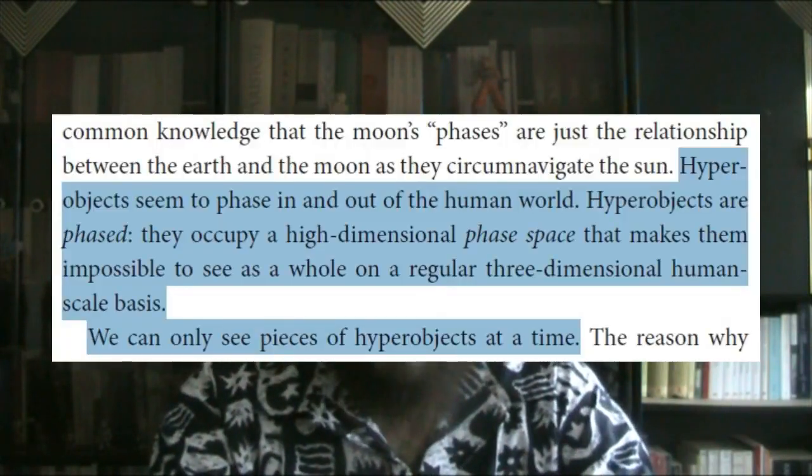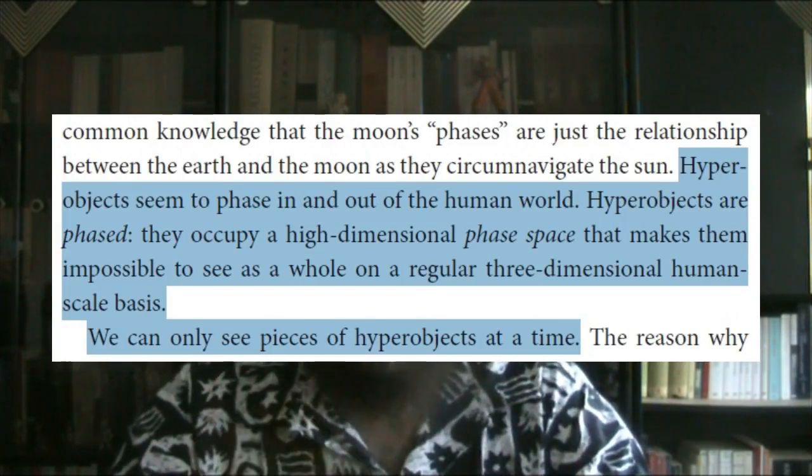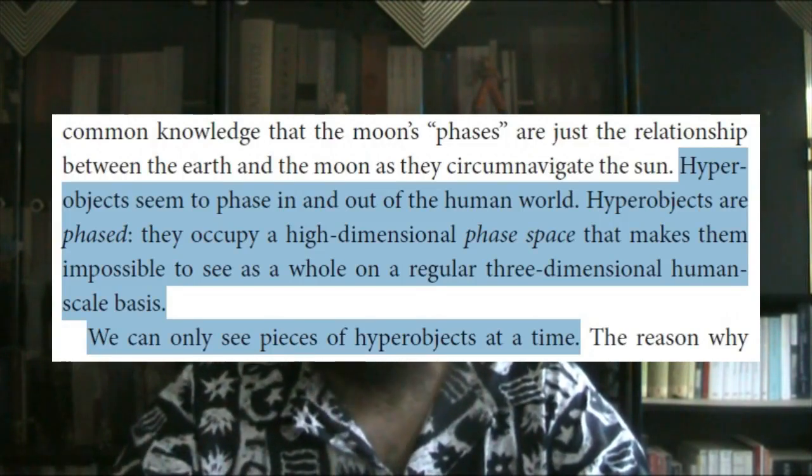And like we said previously, even you don't know yourself because you also appear to yourself in the same way, through phases. And so global warming is like that. We don't see it because it only appears in phases. It comes and goes, you know. And so hyperobjects seem to phase in and out of the human world.